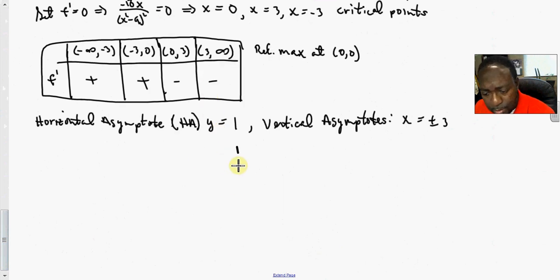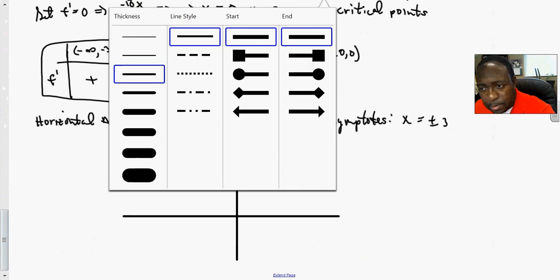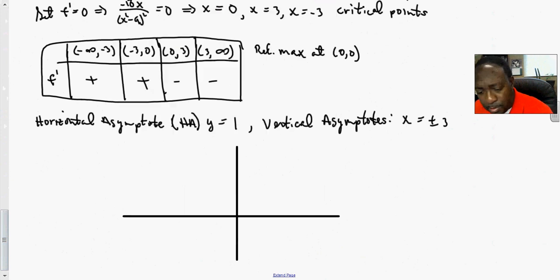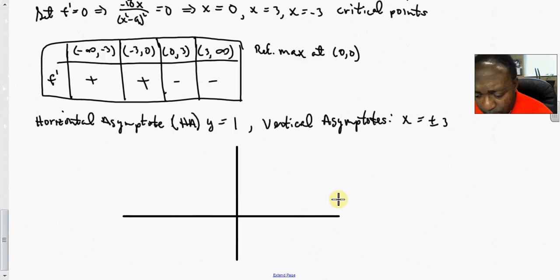Good. Oh, I need the horizontal asymptote as well. The horizontal asymptote is the line y equal to 1.